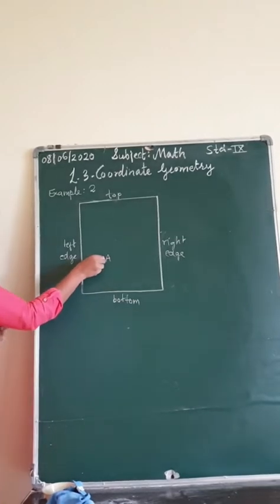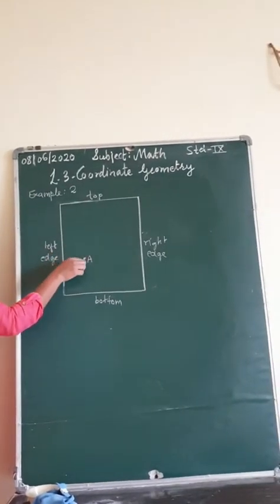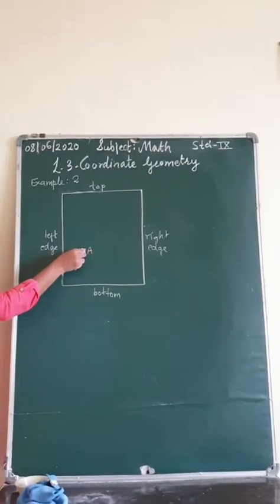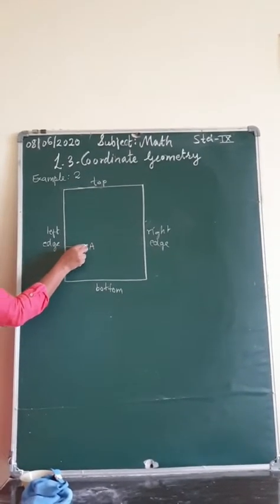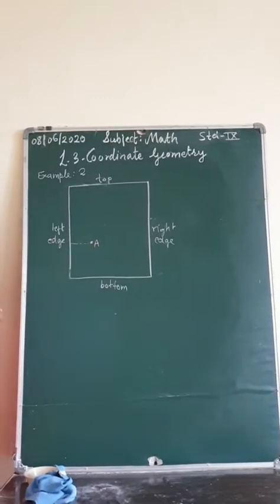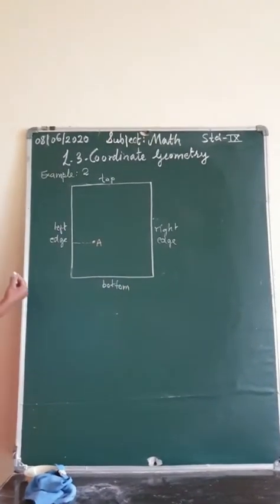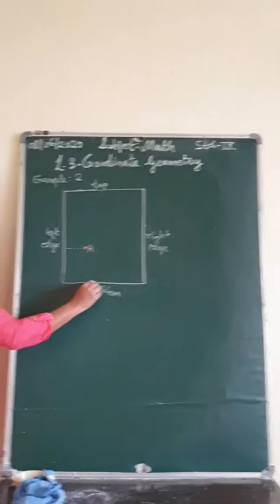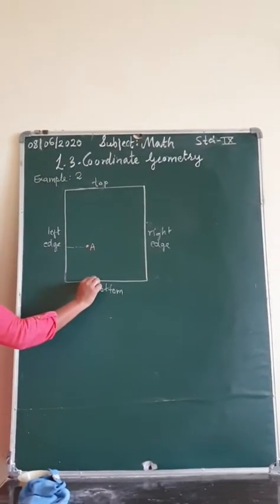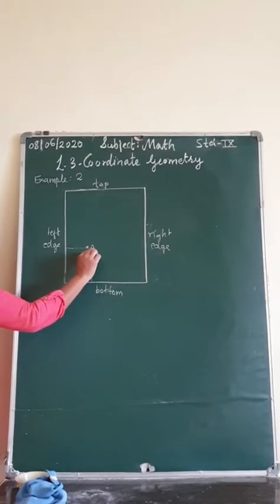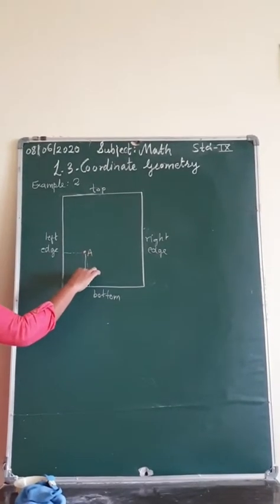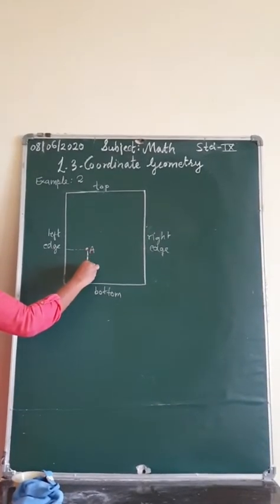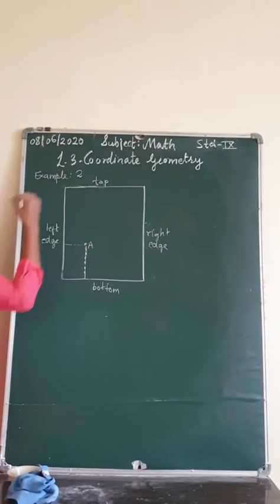So if you have to describe this point A, is it enough that point A is near to the left edge compared to the right edge? No. One more thing you need, and that is that point A is also near to the bottom edge as compared to the top edge.